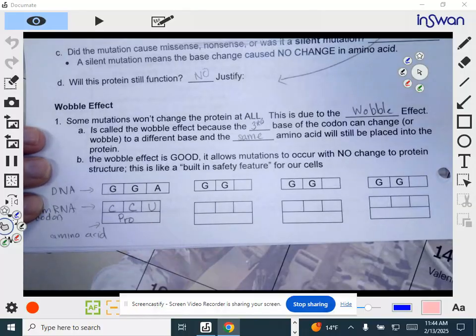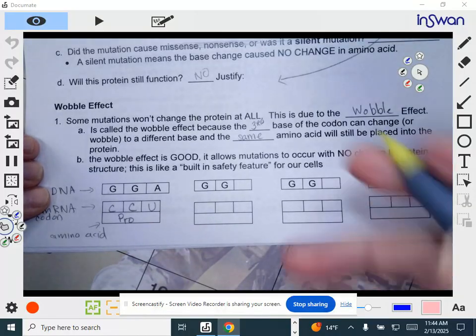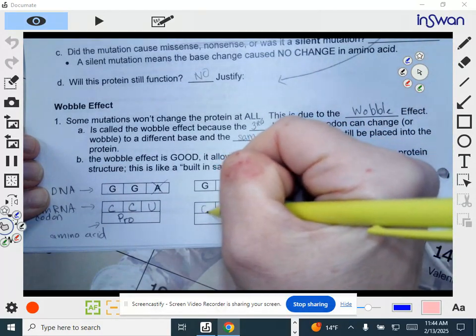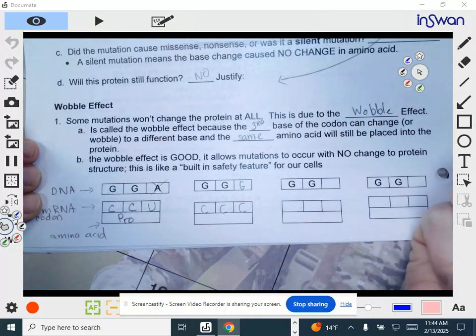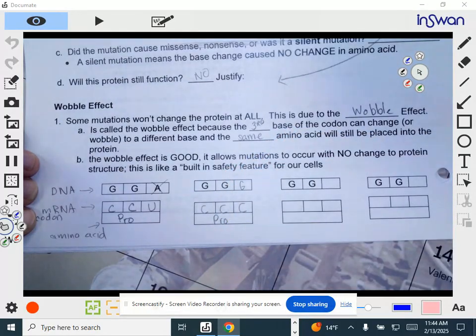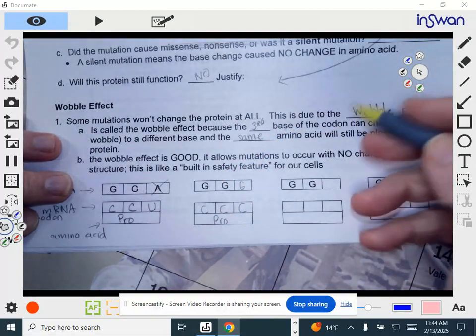All right. So if the DNA in that spot gets mutated, so let's say it's no longer GGA. Let's say it's GGG. So then the mRNA that's going to be made will read CCC in that location. But if you look up CCC, you still will put proline in that spot. And I can keep going.